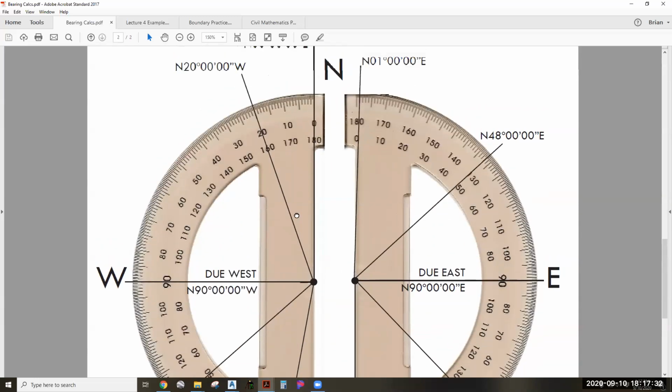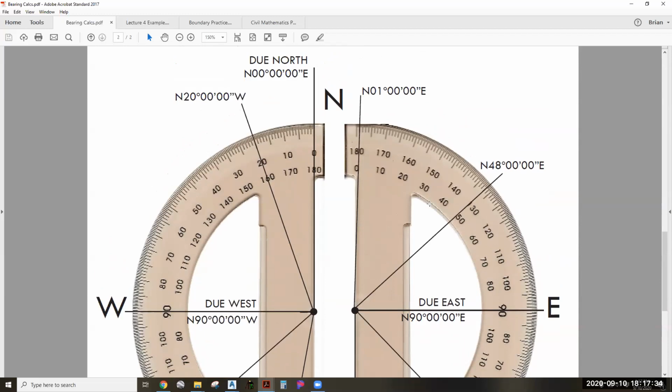My protractor has two different sides. Protractors come in all different shapes and sizes. Some of them are fully round as in 360, some of them are half circle, semicircle. They come in all shapes and sizes as long as they're round. This is just to give you an idea of how to annotate a bearing.